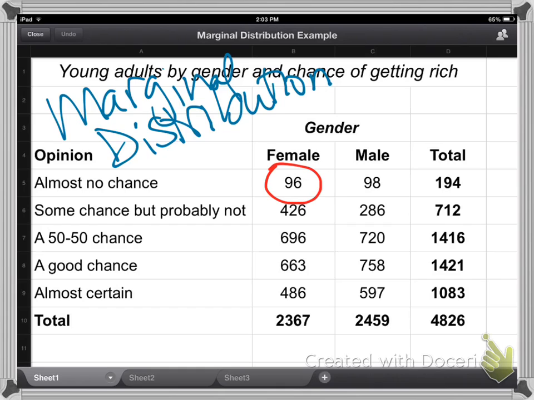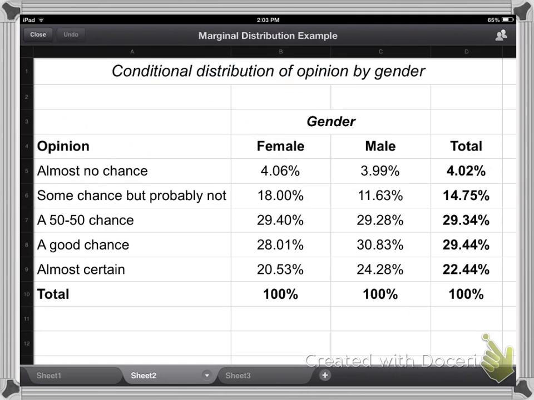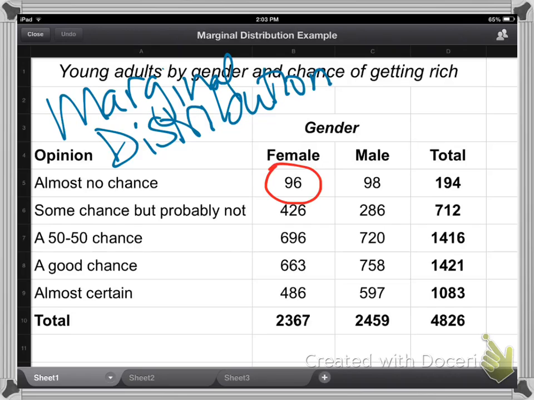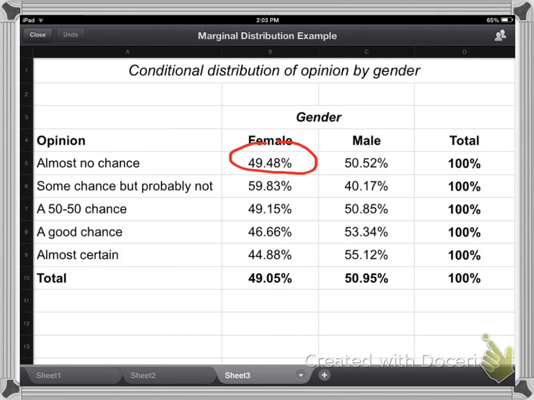Last time, to get our percentage in that first conditional distribution, we got 4.06%. To get that value, we took 96 and divided it by 2367. Not so now. This time we want to take 96 and divide it by 194. And when we do that, we get 49.48%.